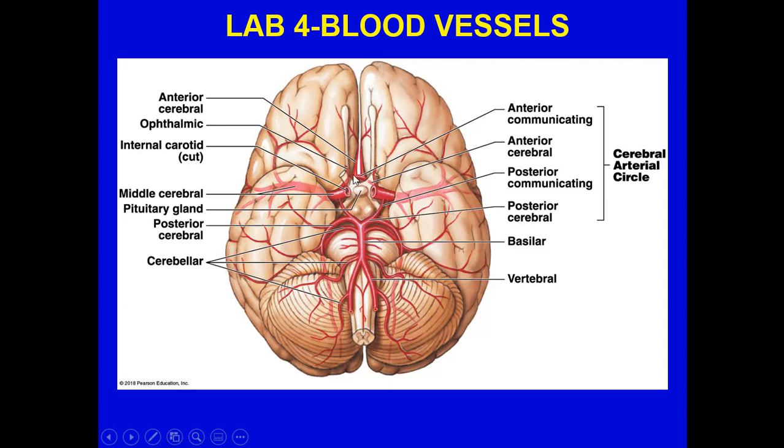You have blood flow going around here through the anterior communicating, and you also have right here the anterior cerebral. All of this is supplying blood to the brain. Notice the landmarks you have here, the pituitary gland, and you have also the optic chiasm right here, okay?